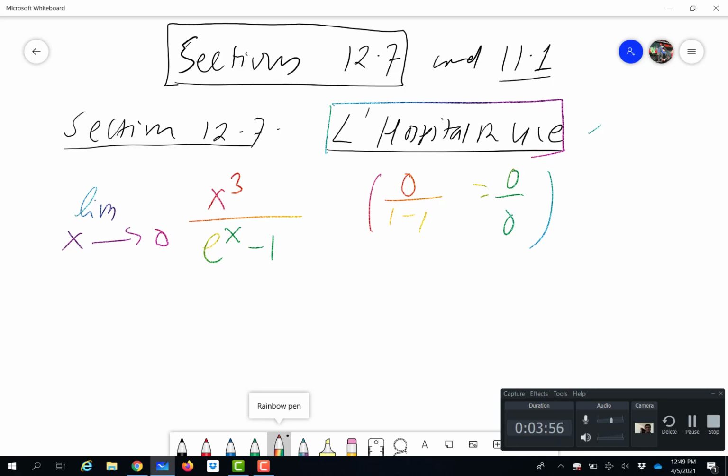This is a type of indeterminate form. You know, 0 over 0 is a type of indeterminate form. You know what is indeterminate? For example, you have 0 candies and you are distributing to 0 people. That doesn't make any sense, right? But if you have 1 candy and you have to distribute it to 0 people, that doesn't make any sense either. That doesn't have any meaning.